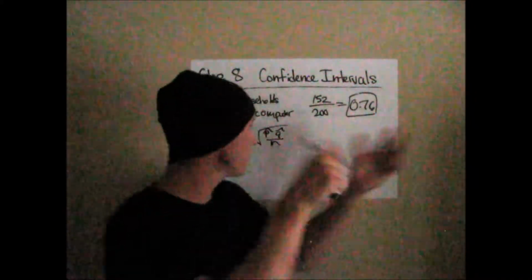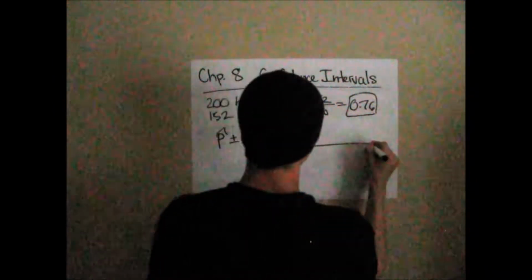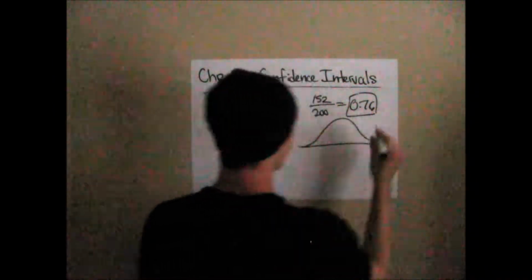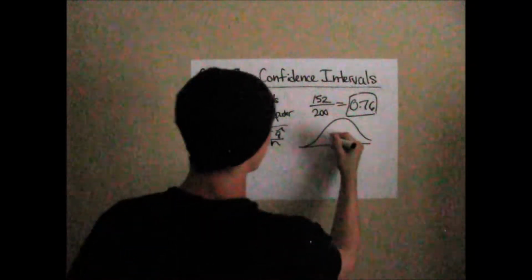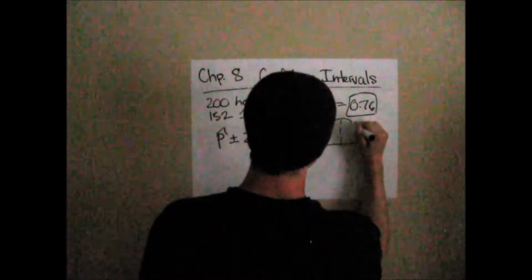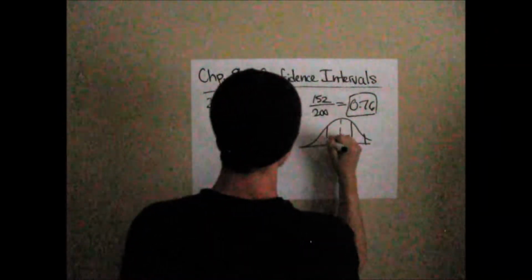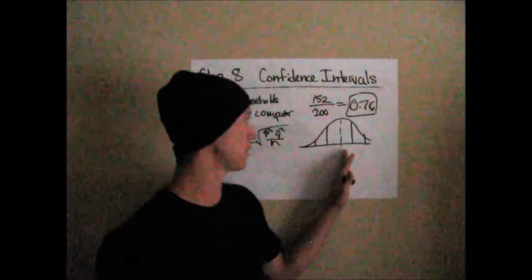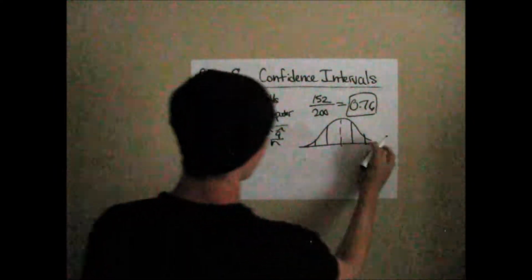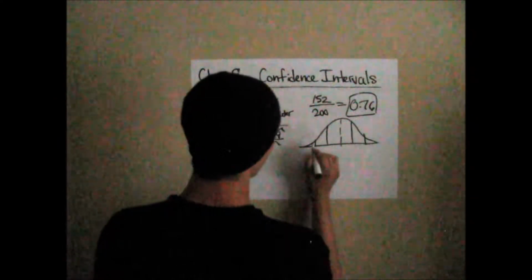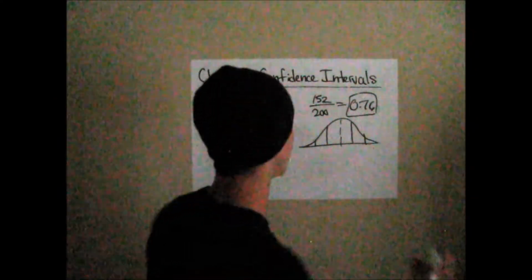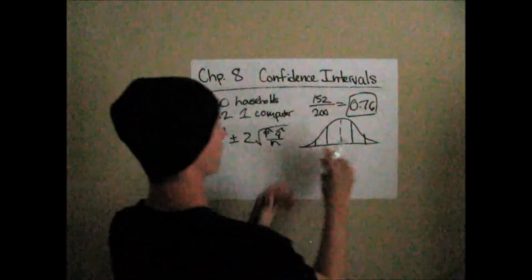So we're finding a 95% confidence interval, and we know that 95% is within 2 standard deviations of the mean. And so on these tail ends outside of the 2 standard deviations, we have a total of 5%.